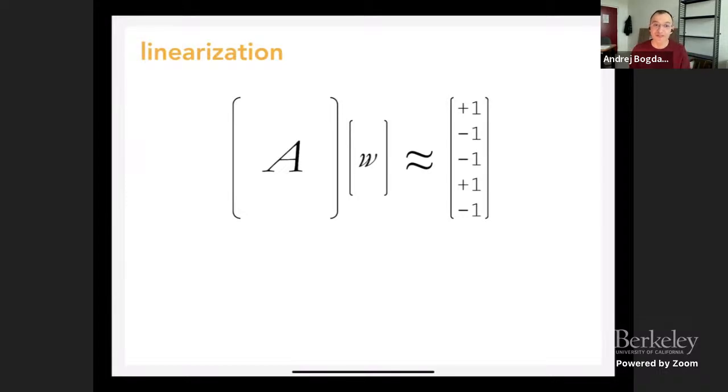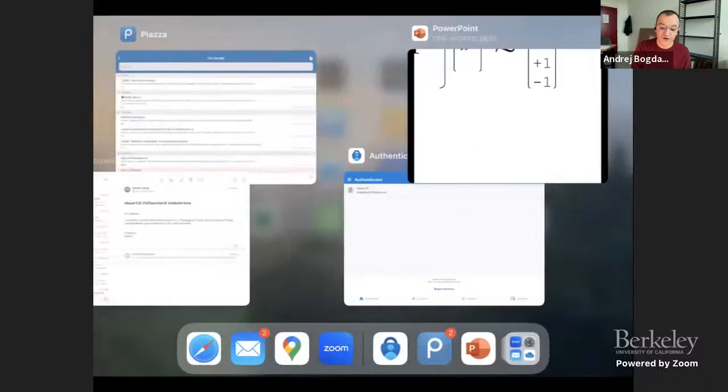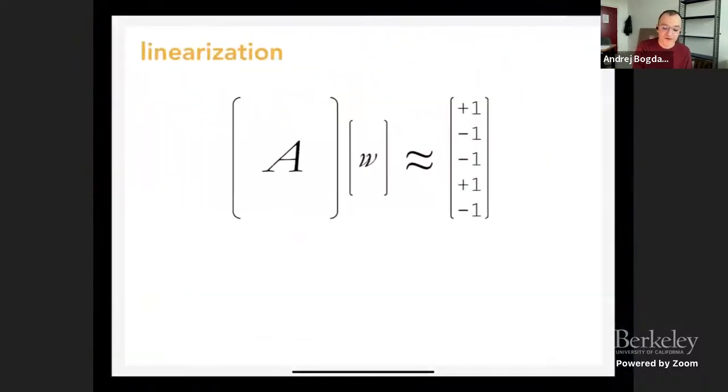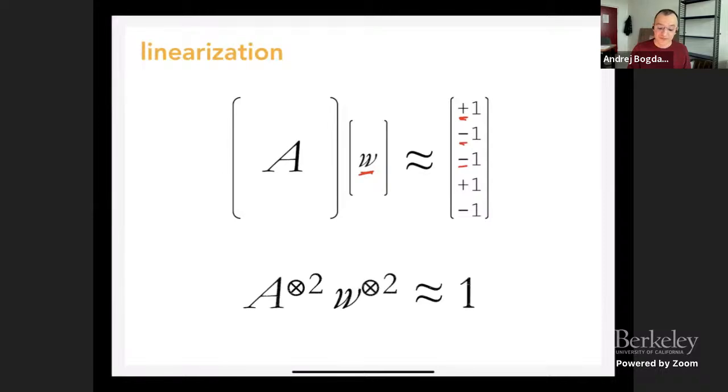I want to know if there is some combination W of the column vectors here that will give me something which is close to a plus minus 1 vector. This is hard to solve with linear algebra because I don't know what these signs are going to be, whether they're going to be +1 or -1. But if I square both sides, if I do some kind of tensoring, then I can get a related equation where the right-hand side becomes just the all ones vector.